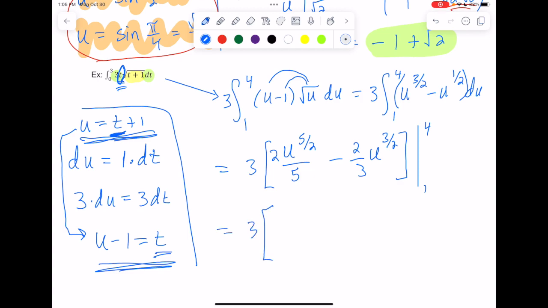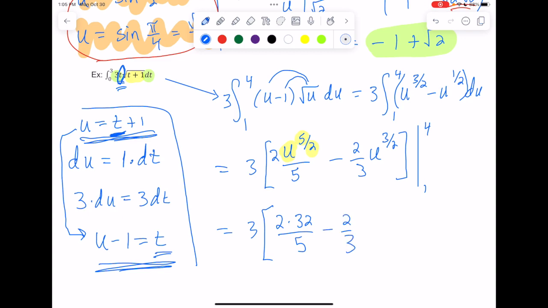So first the 4. Plugging the 4 in to this piece right here. The 1/2 power is a square root, so the square root of 4 is 2. 2 to the 5th is 32. So we end up with 2 times 32 over 5 minus 2/3 times.